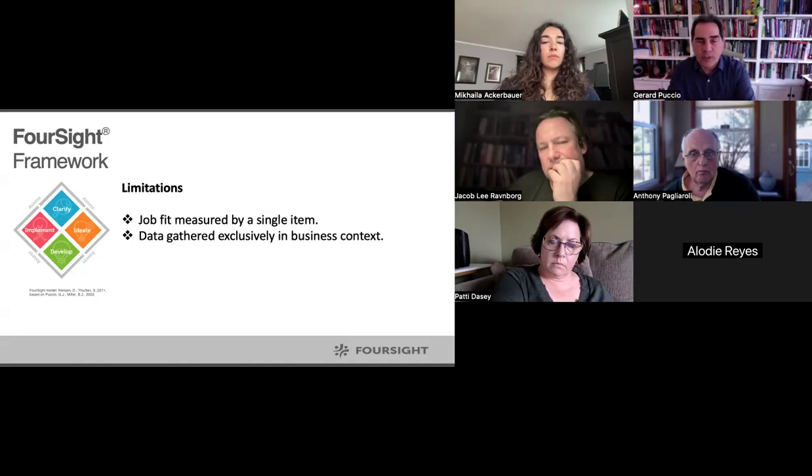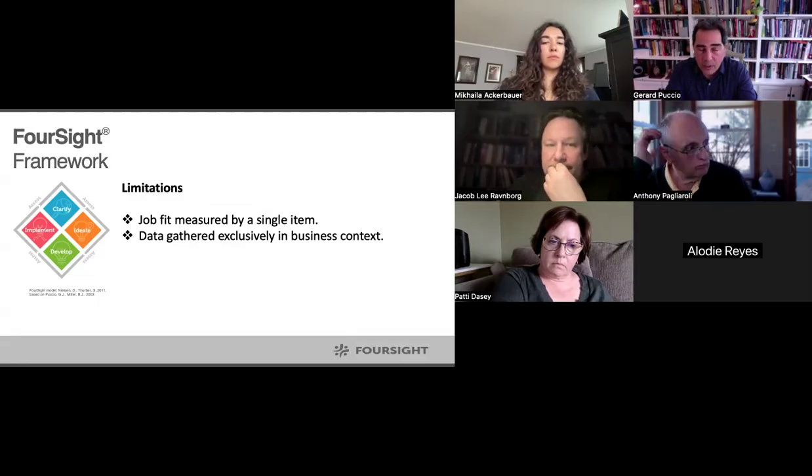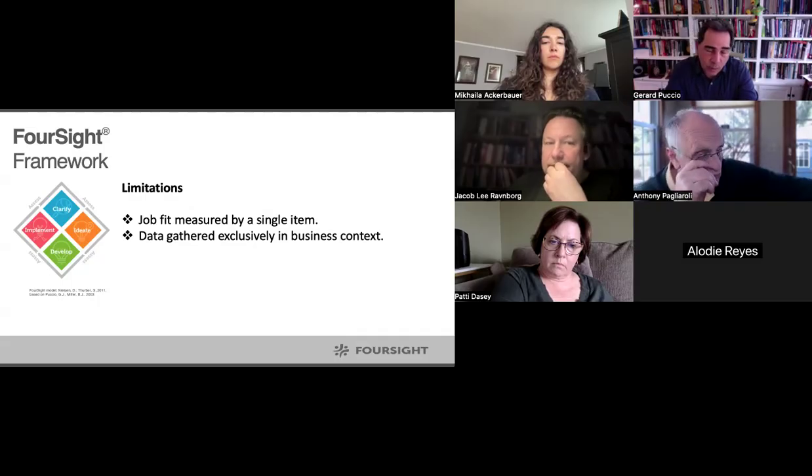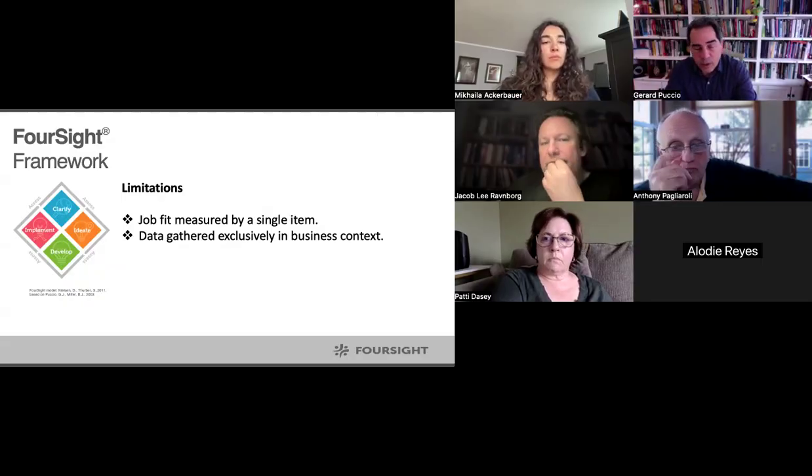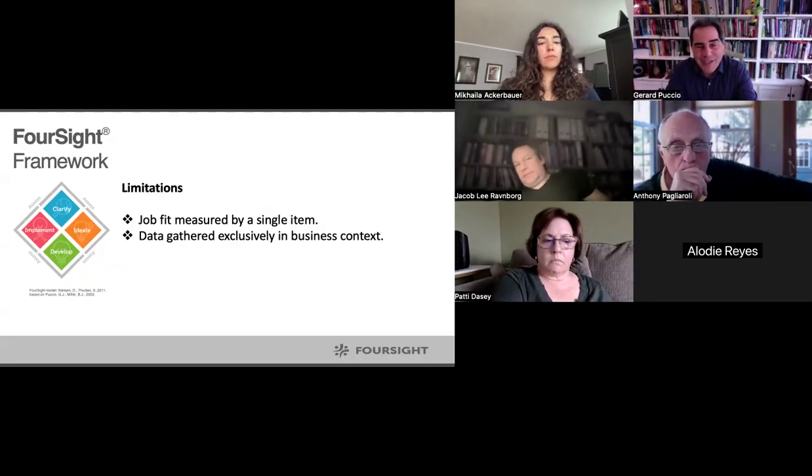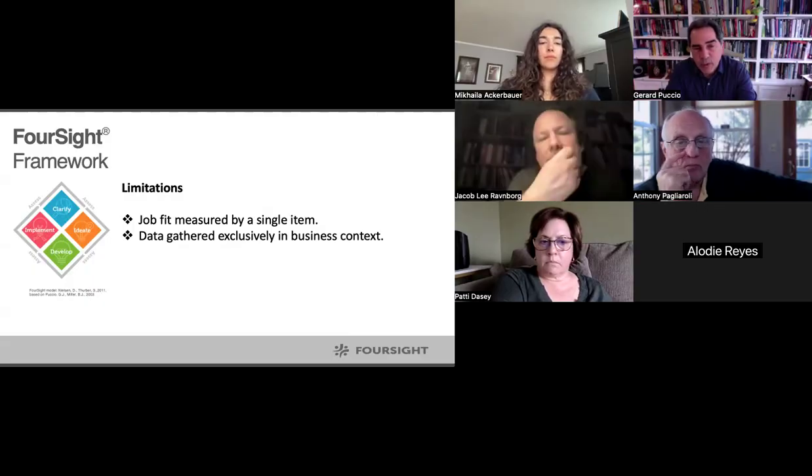Okay, so two limitations. Every research study has limitations. The two limitations here: job fit was only measured by a single item, not a terribly robust measure, although it is a subjective measure, and we're looking at personal experience, and it was a very large data set. And then the second, what makes me really curious, this was a data set primarily drawn from the business context.